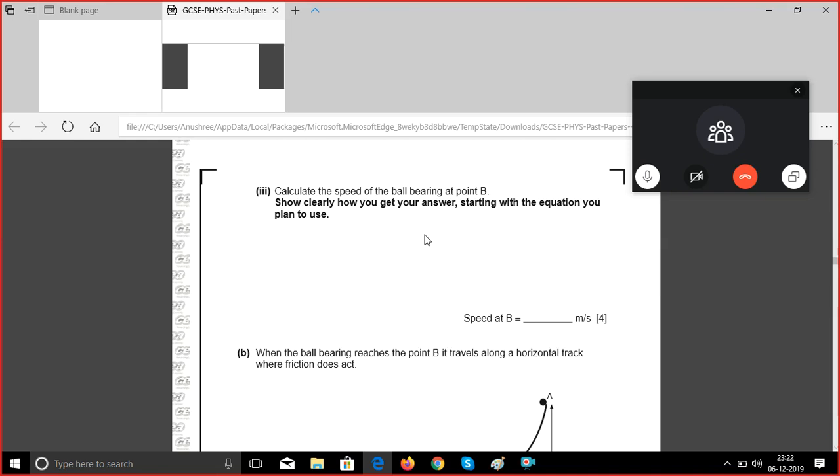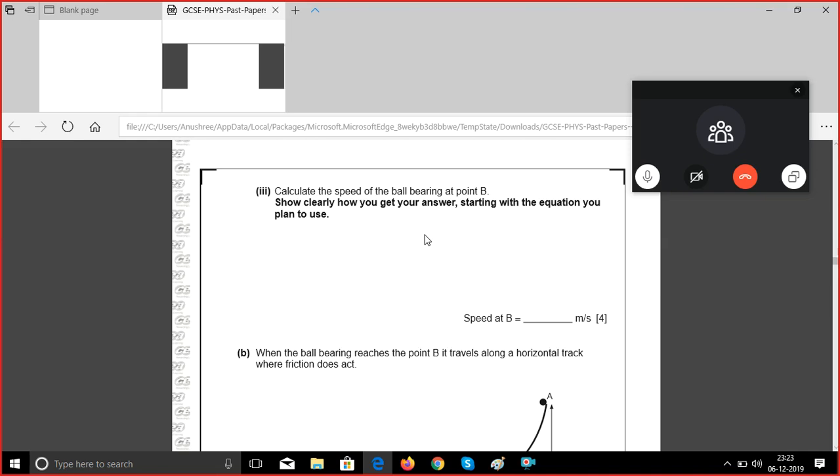So m is 0.02 kilograms. The speed we don't know.